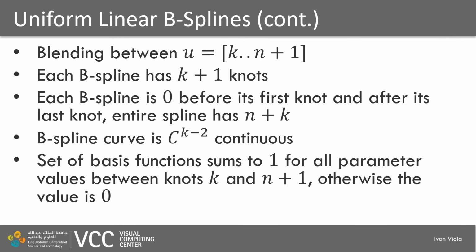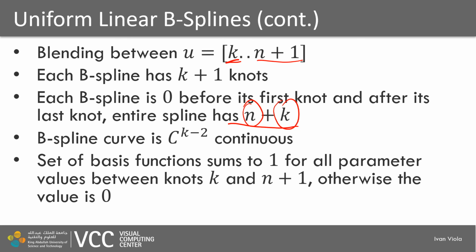So the blending of these basis functions is happening in the range between k and n plus 1. We have more knots than just the control points. Actually, our B-spline will have n plus k knots, where n is the number of control points and k minus 1 is the degree of our polynomials.